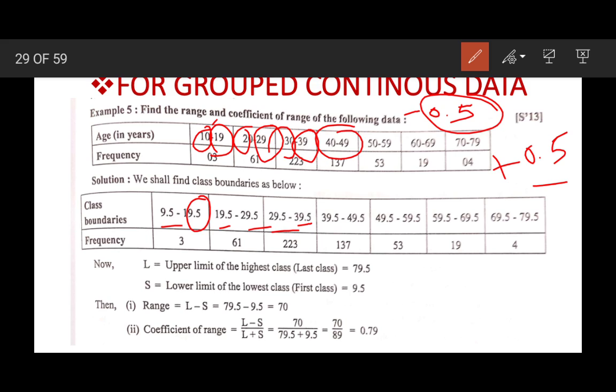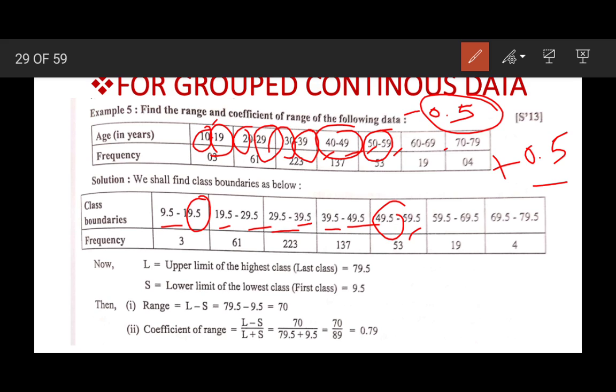Next interval: subtract 0.5 from 40, so it will be 39.5, and add 0.5 to 49, so it will be 49.5. Then subtract 0.5 from 50, so it will be 49.5, and add 0.5 to 59, so it will be 59.5.